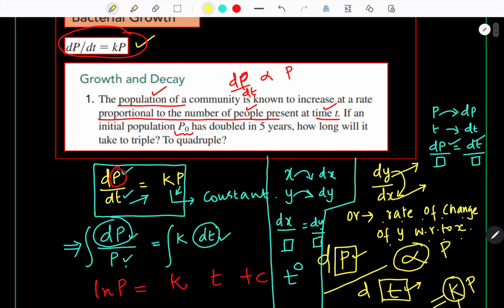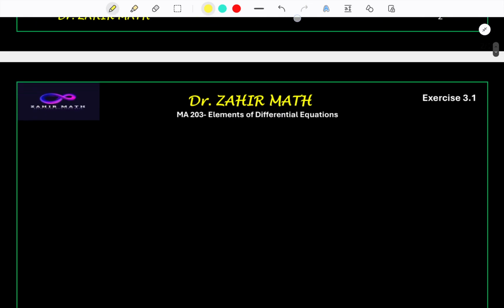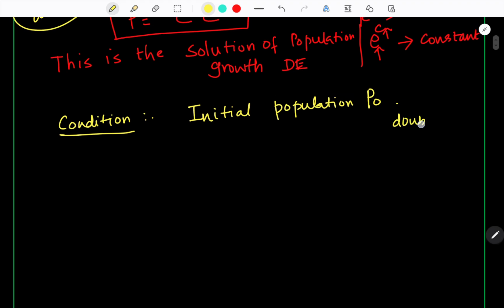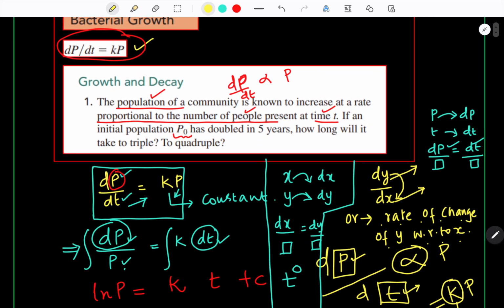The initial population p naught has doubled in 5 years. So it is doubled in 5 years, where 5 years means the time.